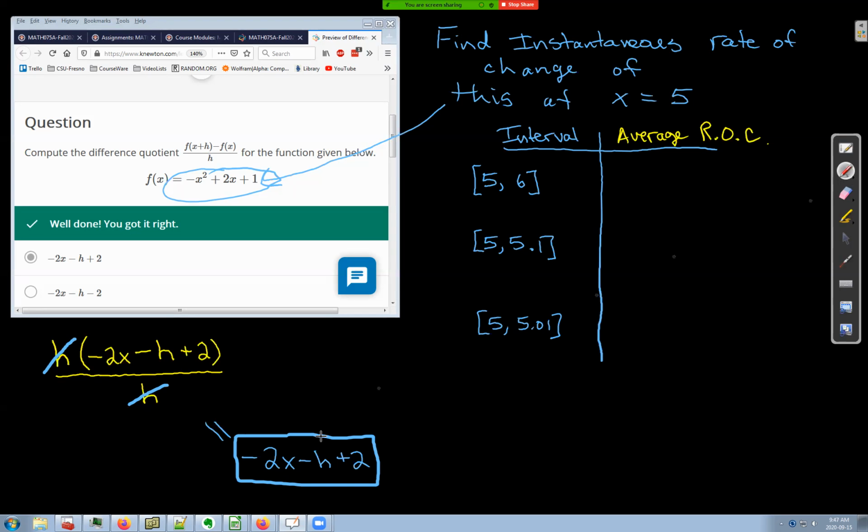And the idea is this formula, this actually is the formula for the average rate of change. It's all simplified and perfect. So what you could go home tonight and do is use the average rate of change formula for this function from 5 to 6.